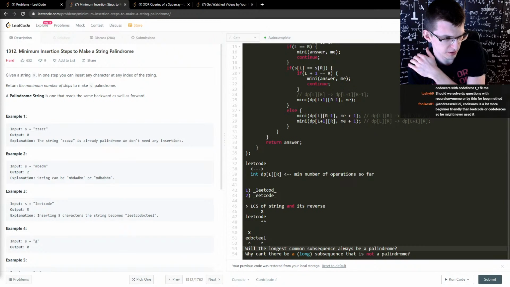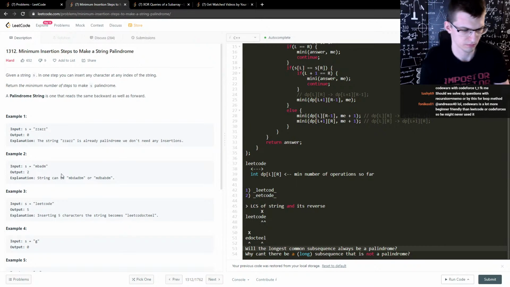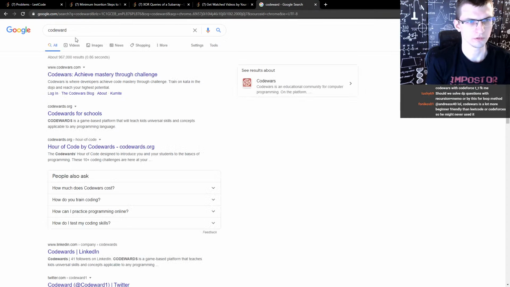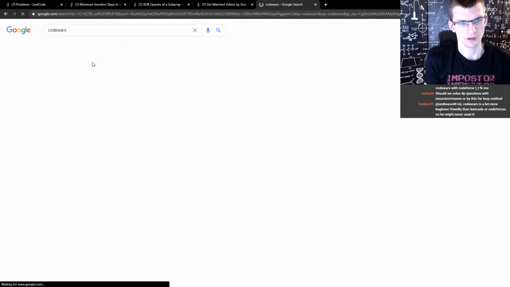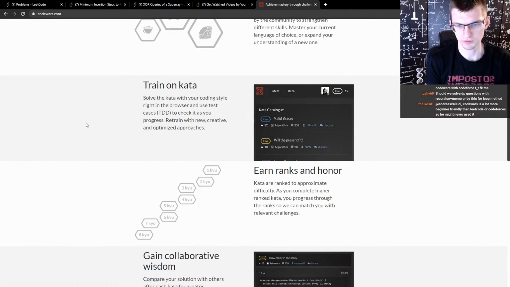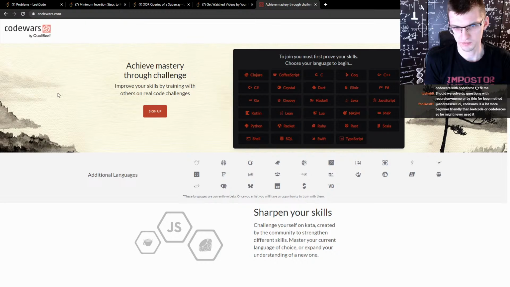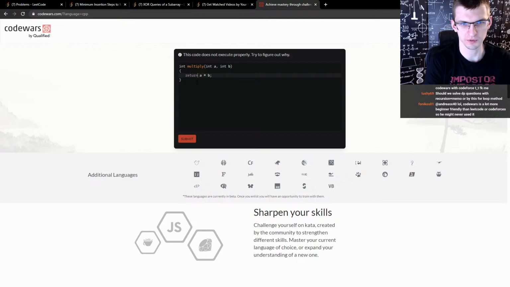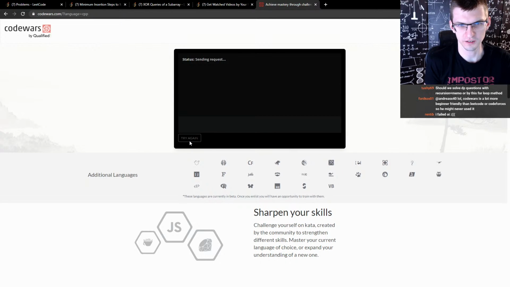Codeworks is more beginner friendly than Leetcode. I mean, I don't know. What website was that? Oh, this one. After you click C++, it tells you to compute the product of two numbers or something like that, right? You need to type return, and then it tells you to log in.